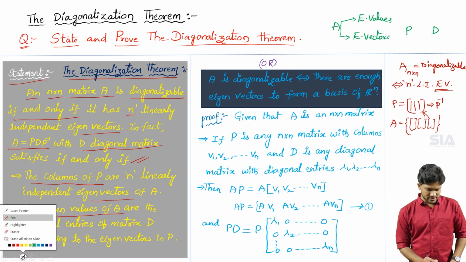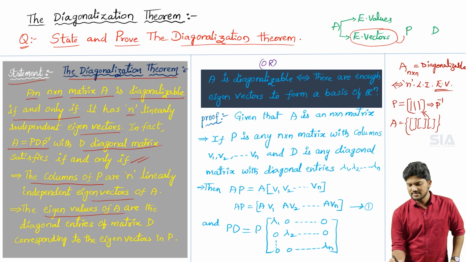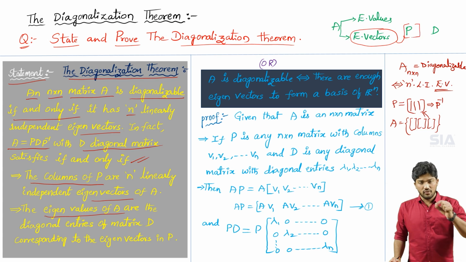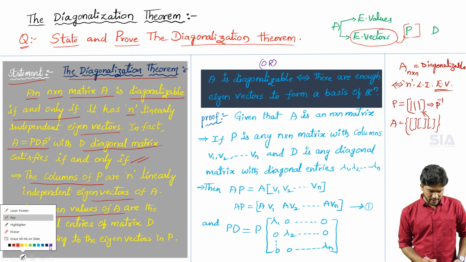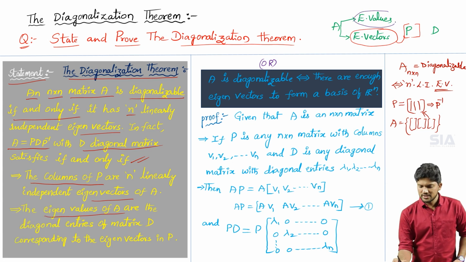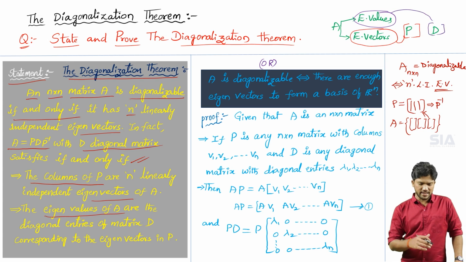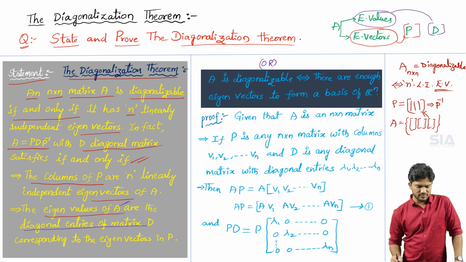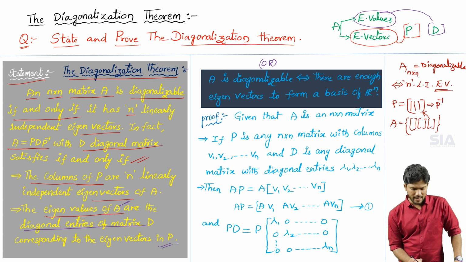These eigenvectors we write as the columns of capital P. These eigenvalues of capital A we write as the diagonal entries of capital D, corresponding to the eigenvectors in capital P.